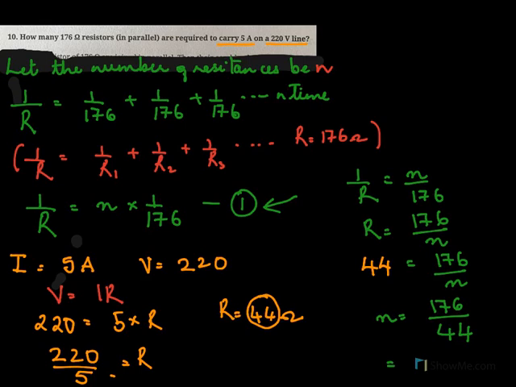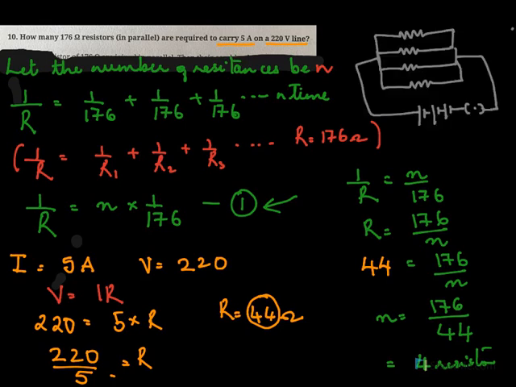And the answer here is 4 resistors. So the circuit diagram would go this way. So I have 4 resistors, each of 176 ohms, and the voltage I apply is 220 volts. The current flowing through this circuit will be 5 amperes.